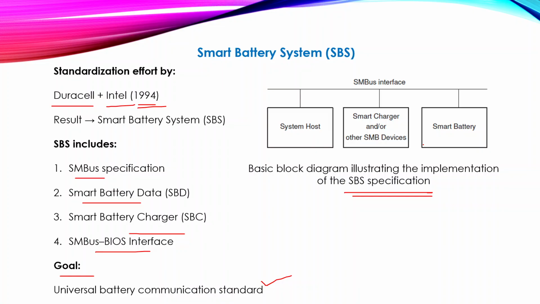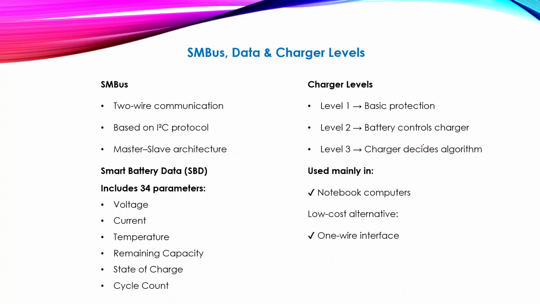Now we are going to see the SMBus, data, and charger levels included. SMBus uses a two-wire communication protocol based upon I2C. Only one master is active at a time.